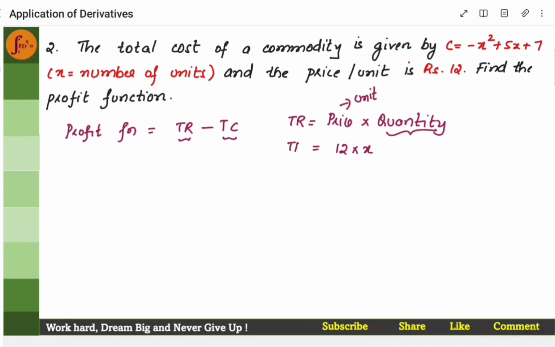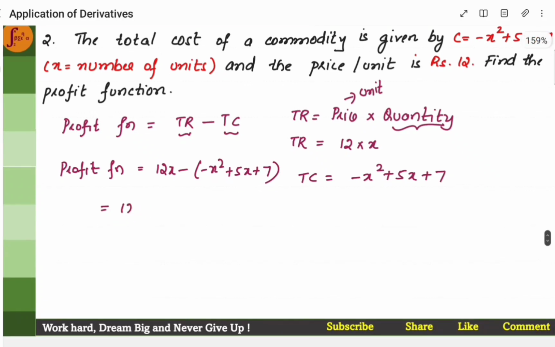So, 12x. Now, what is total cost? Total cost is given here, right? This is the total cost: x square plus 5x plus 7. Now, let's substitute this. Profit function is equal to 12x minus (x square plus 5x plus 7).